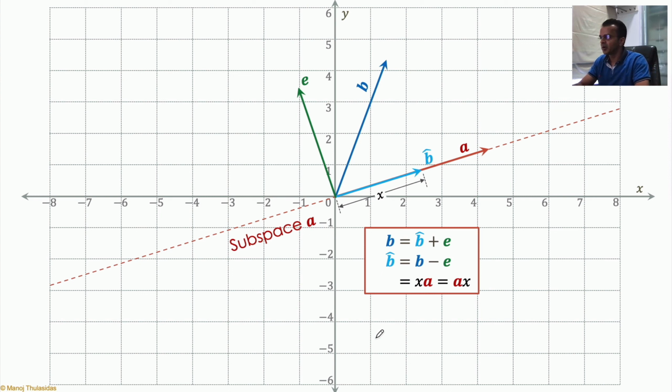And I can say that B is actually B hat plus the error. So B hat, and move E to the tip of B hat, and I'll reach B. So B is B hat plus E, which means B hat is B minus E, and that has to be along the direction of A, which means there's some scaling factor X which will say that B hat, or B minus E, is equal to AX. So that's all I want to say.